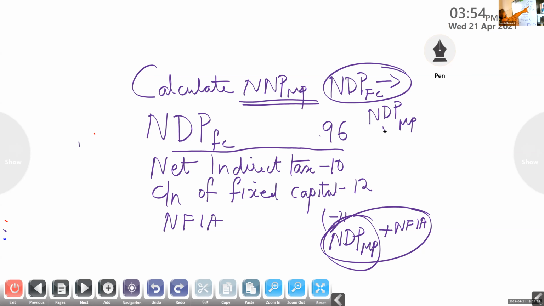So from NDP-FC to NDP-MP, what do we have to do? Looking at the board, in NDP-FC what we have done with the indirect tax is reduce it. In this, we have to include indirect tax.